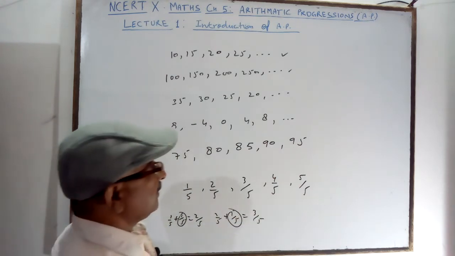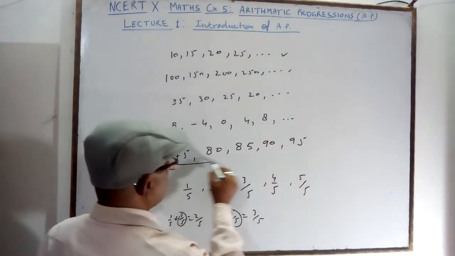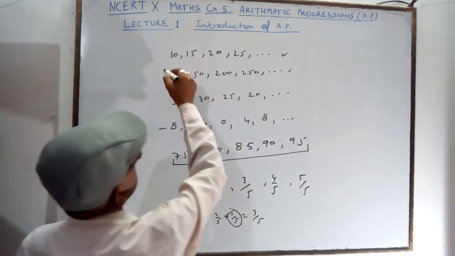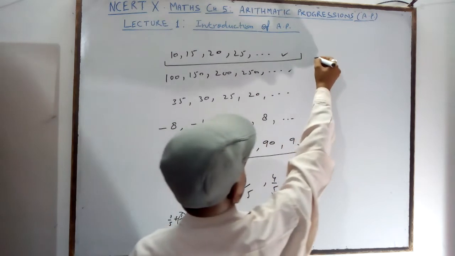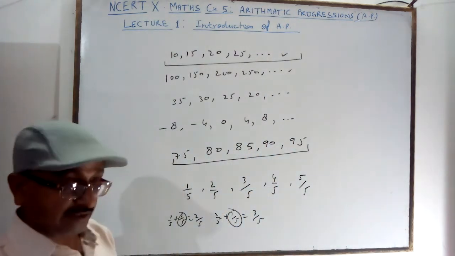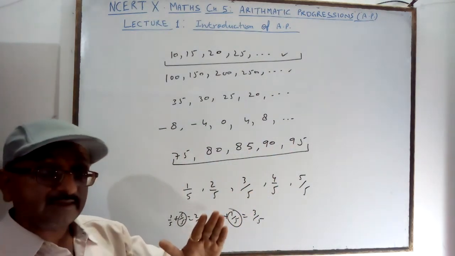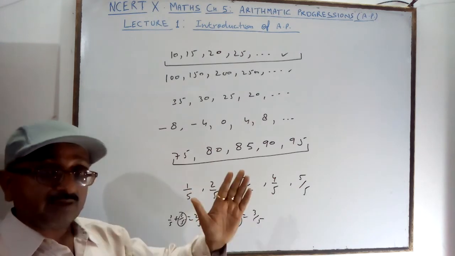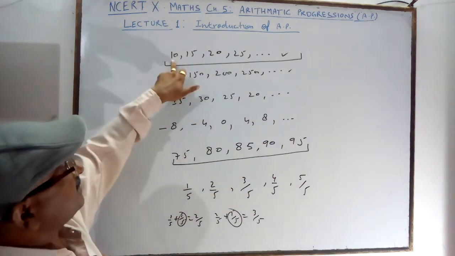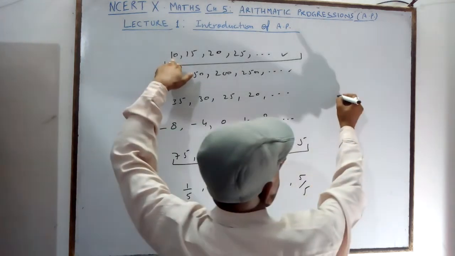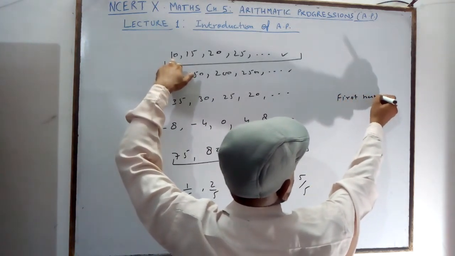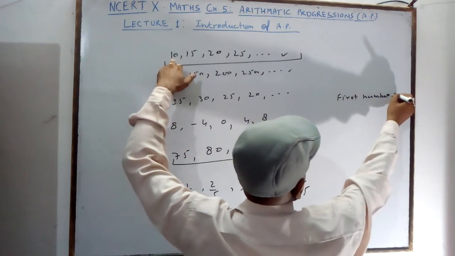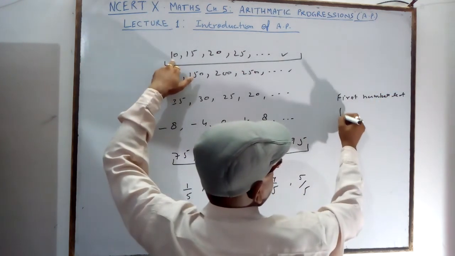These terms are all added by a fixed value to the preceding number. The first number of the set is called the first term.